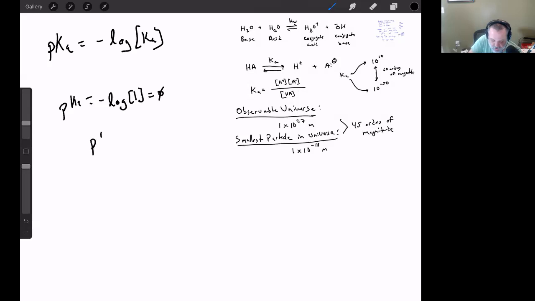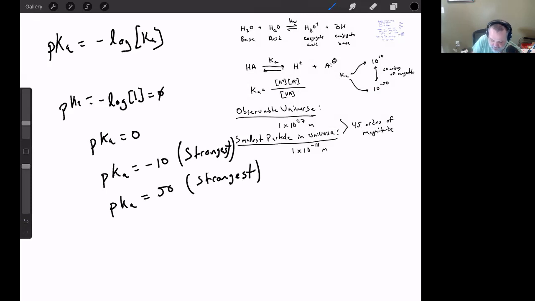So a pKa equal to 0 means that the Ka is equal to 1. This isn't some of the strongest acids that we have, but that's what the pKa would be. The pKa of one of the strongest acids would be negative 10. The pKa of the weakest acid would be 50.